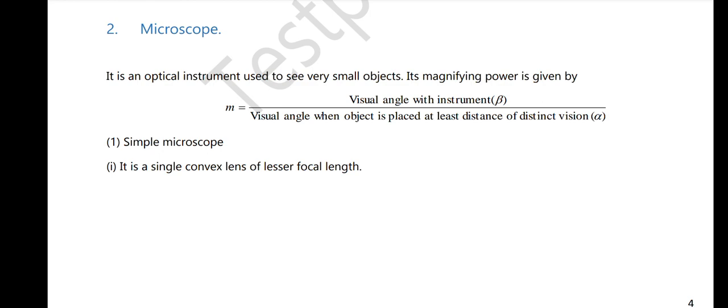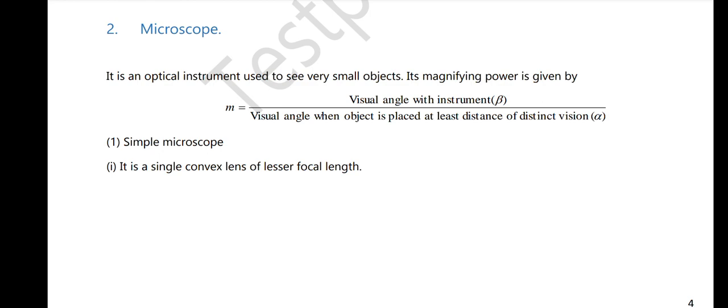Its magnifying power is given as m = visual angle with instrument (b) divided by visual angle when the object is placed at the least distance of distinct vision (a). This is the formula we use to find the power of a microscope.